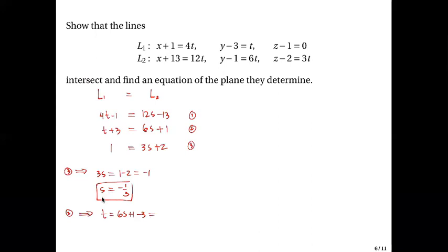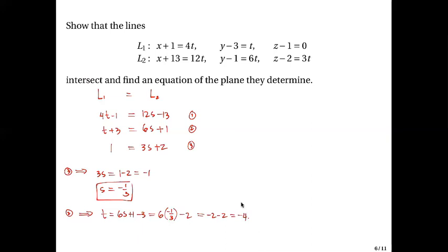And then we substitute s equals negative 1/3. So 6 times negative 1/3 is negative 2, and 1 minus 3 is minus 2. Negative 2 minus 2 is equal to minus 4.